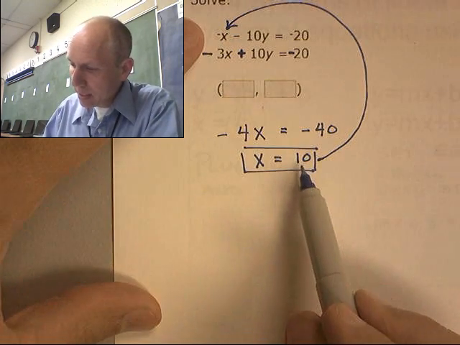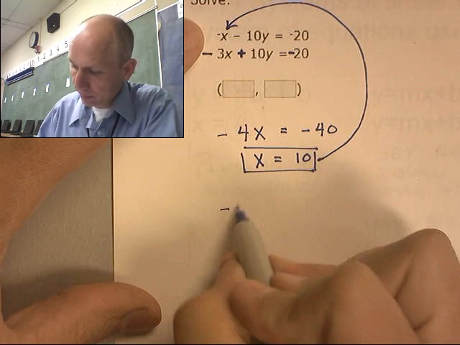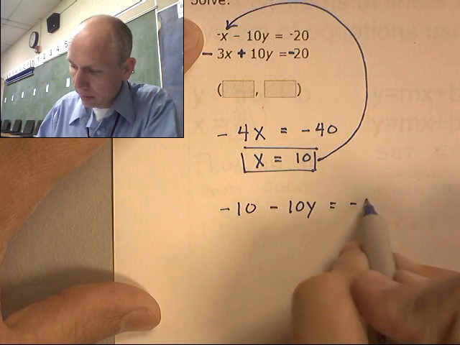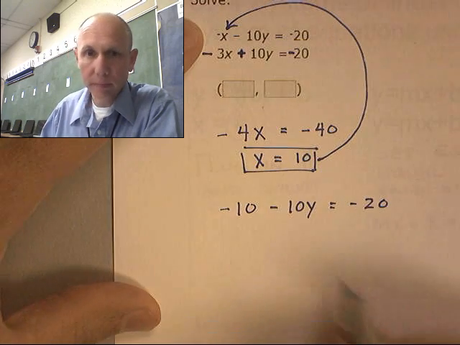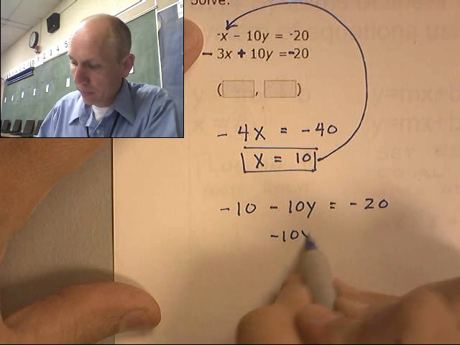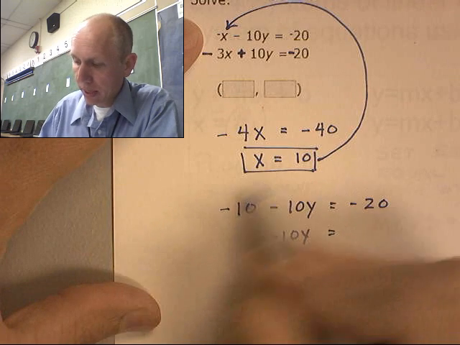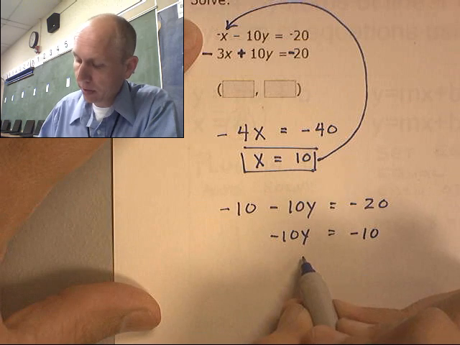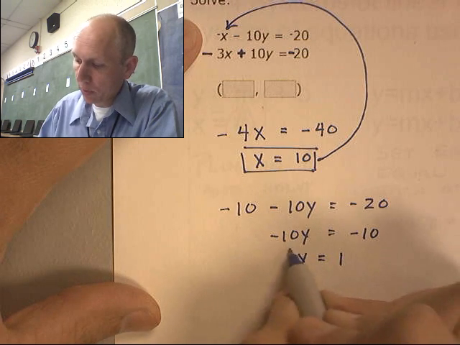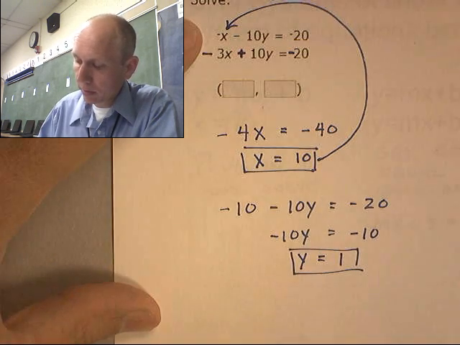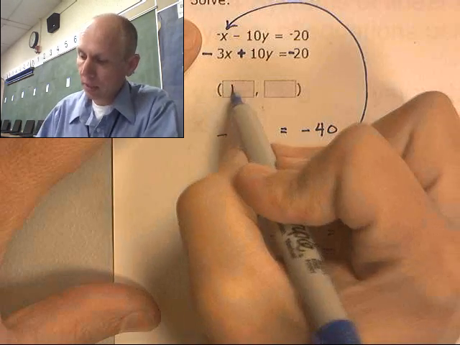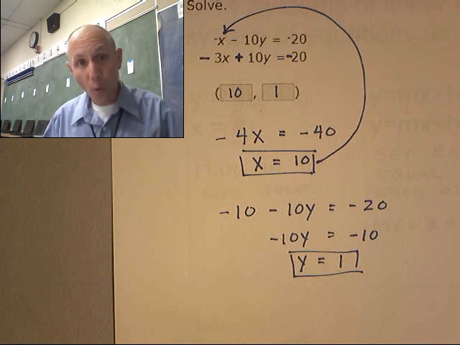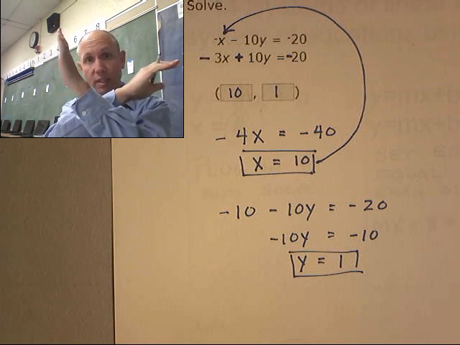Negative x, negative 10, minus 10y, negative 20. Negative 10y equals, I'm going to take this guy, put him over there. That's going to take me to a negative 10. Y equals 1. 10, 1. Once again, this is a point where two lines are coming together.